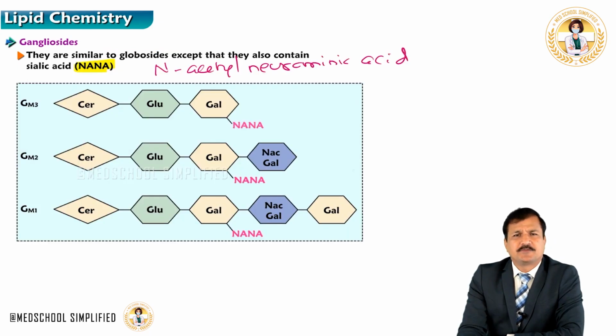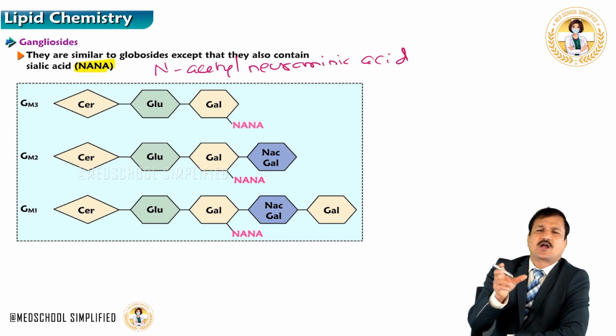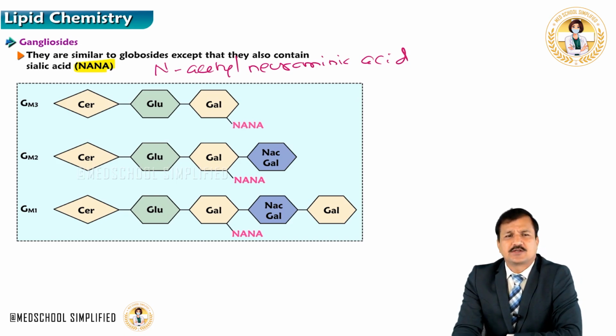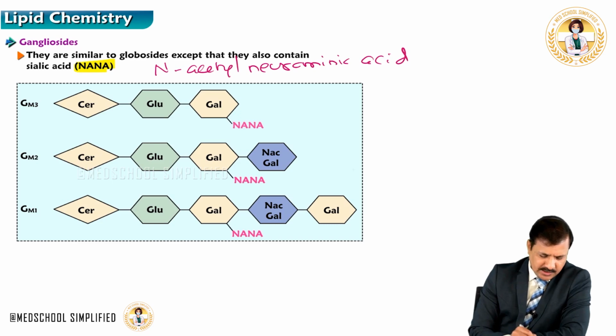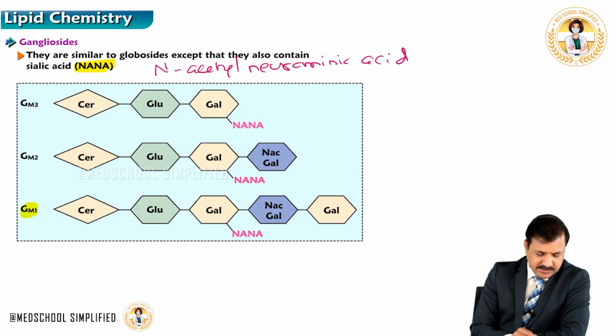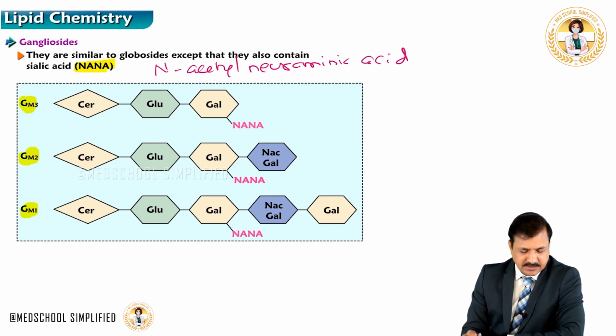So here are some of the structures of gangliosides, not really structures per se, it is just the composition or the components in different types of gangliosides. So we have a GM1 ganglioside, GM2 ganglioside and GM3 ganglioside. Let's look at the difference in these three types of gangliosides.